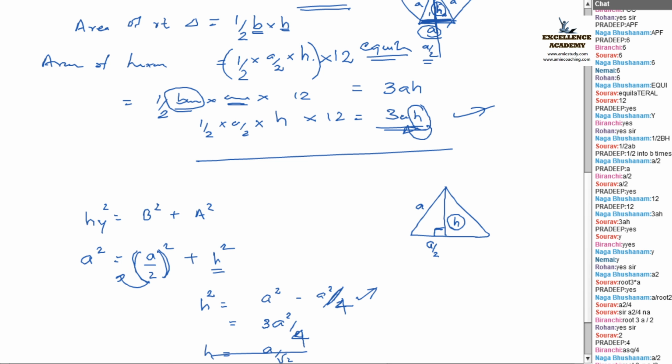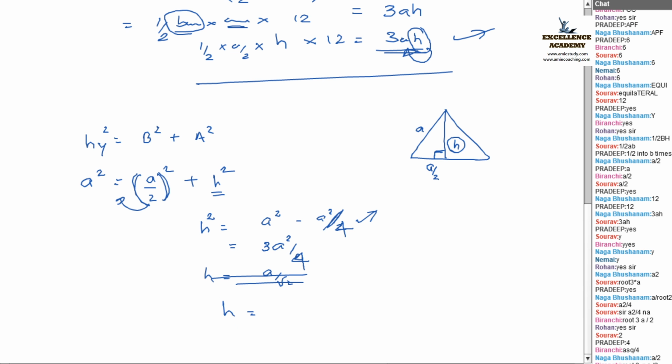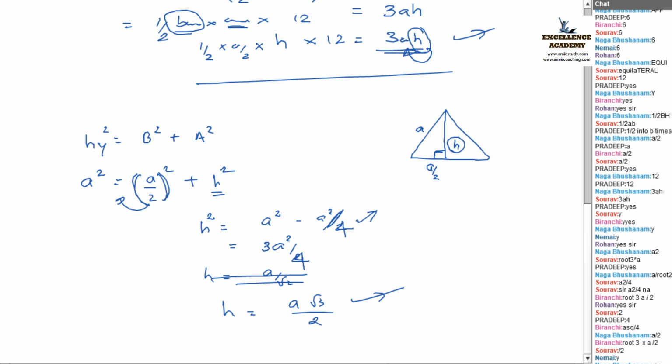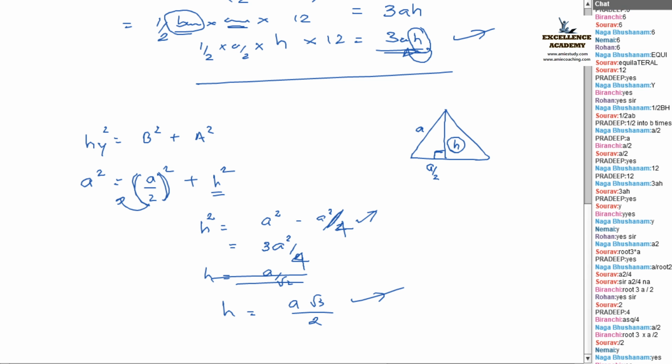Three a square by 4. Then what is the value of h? H is equal to a root 3 by 2. Clear? Okay. So I got the value of h is equal to a root 3 by 2. So what is the next step?